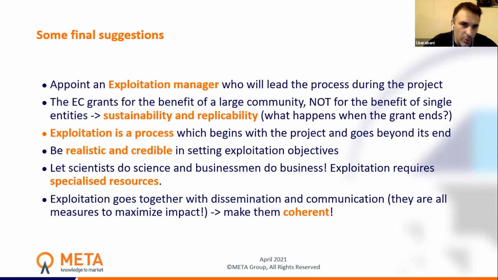I would start from the third one. I don't know why I should put it in the third place, because for me it is the first one. Exploitation is a process. It begins with your project and ends after the end of your project. So you should take care of your exploitation path during the whole duration of the project, not only at month 36 if your project lasts 36 months. Okay.